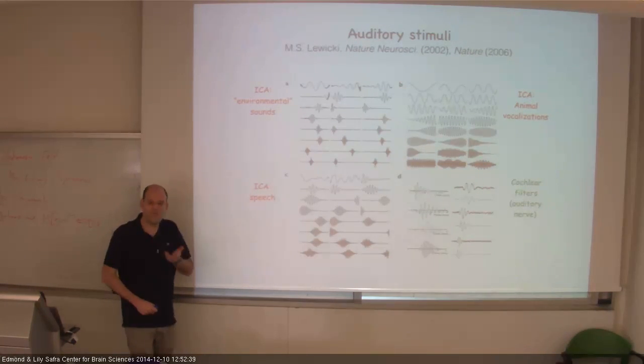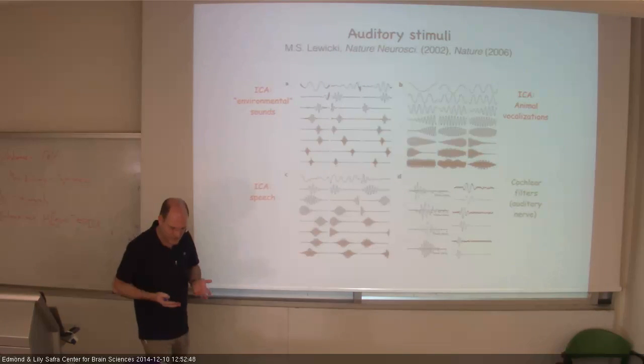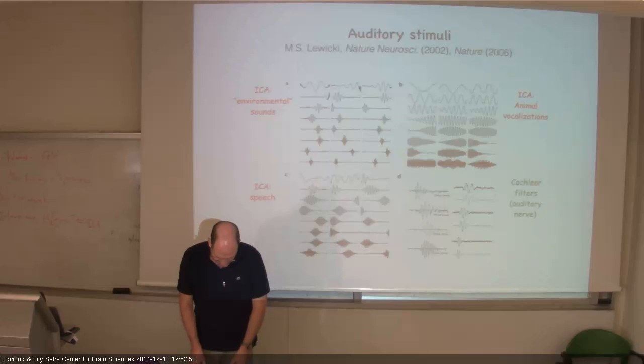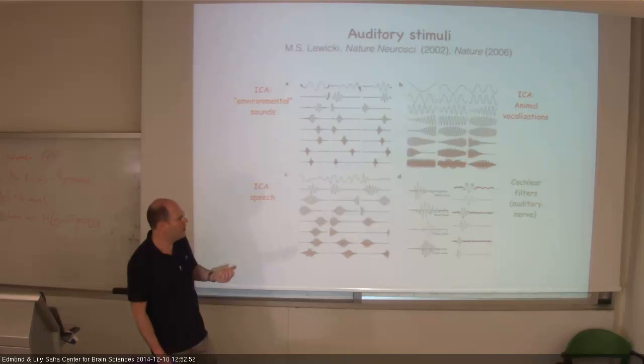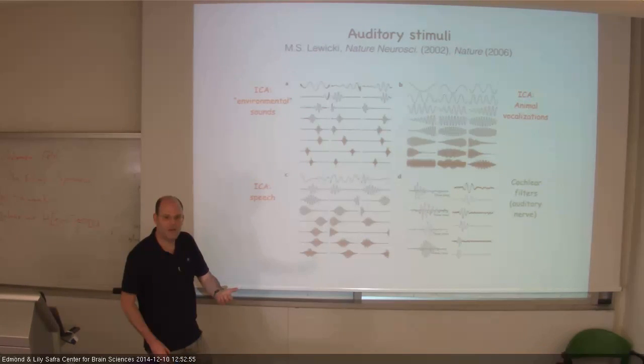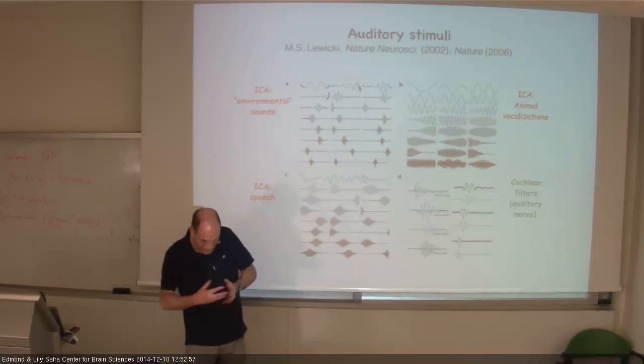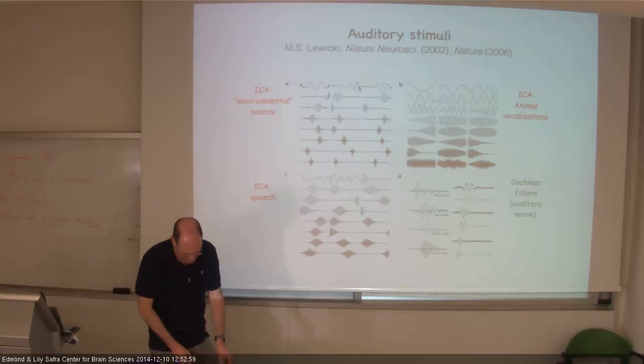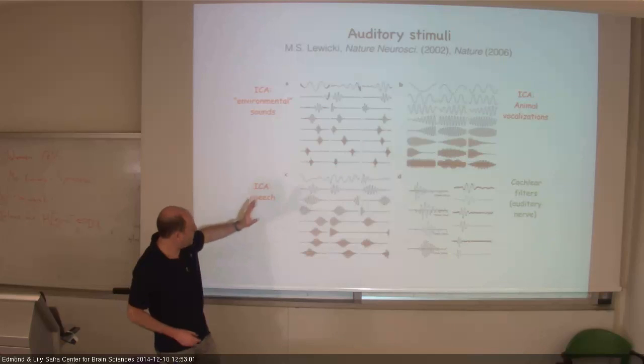For odors, it's much, much less clear. The space of different odors and its natural occurrence statistics is much less characterized and clear. And this is why it's much more difficult to answer whether the representation in the olfactory system is somehow shifting to independent components. So this is one set of questions.